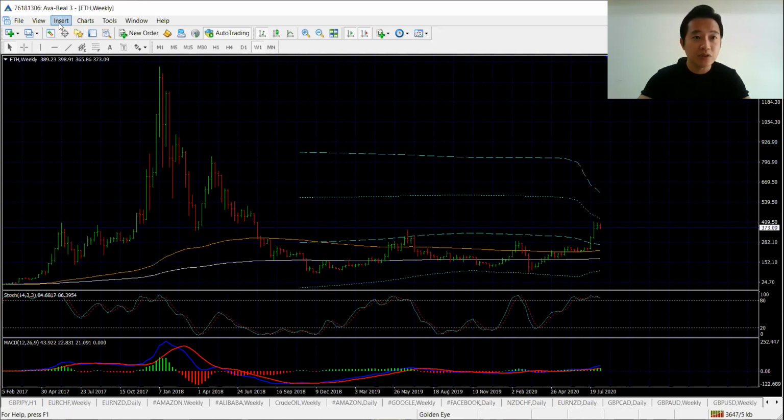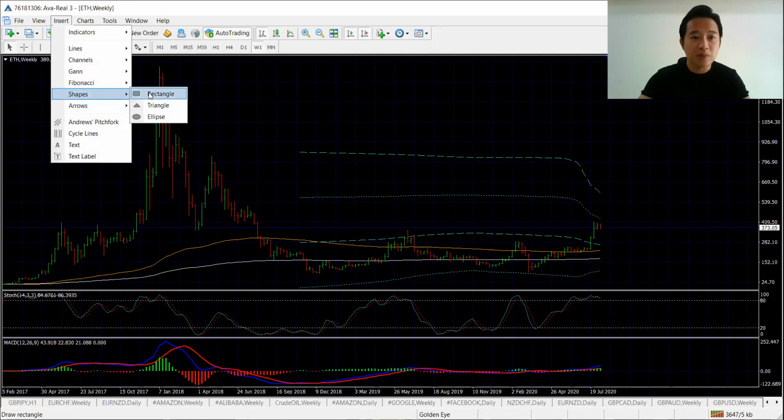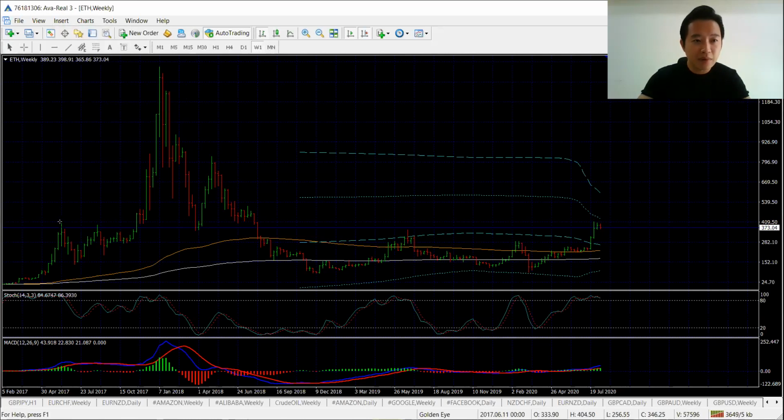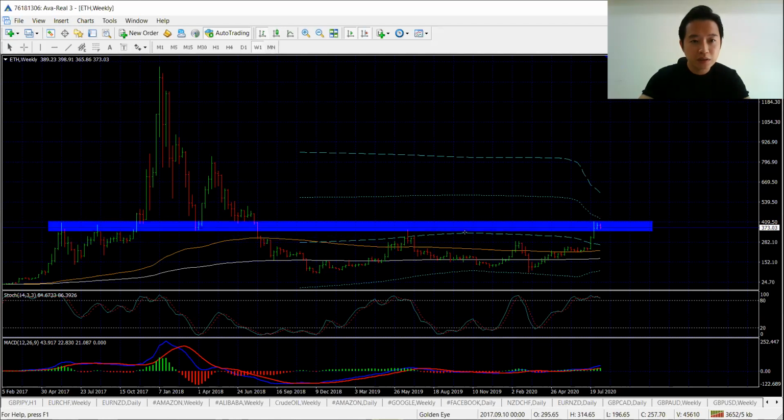Let me draw a box here. If I mark from, let's say, around here, around here. So why do I draw this blue box? It's because this is the crucial main dividing line for Ethereum, this pair.